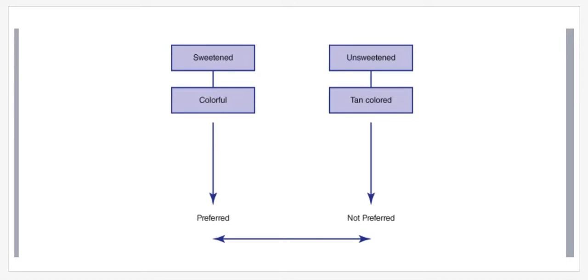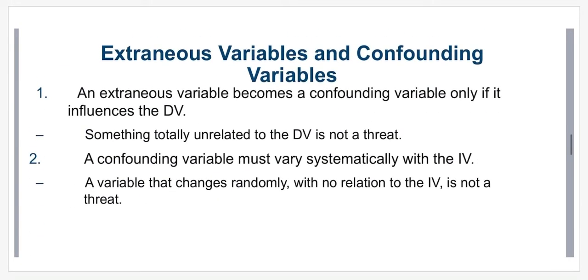But if your hypothesis was based on color instead, and color was your independent variable, then you would want to keep them one colored and one not colorful, and you would want to make sure they were both sweet or both unsweet. You would want the taste to be the same, because the taste would end up being the confounding variable. So what becomes the independent variable and what becomes a confounding variable largely depends on your hypothesis and what the goal of your study is.